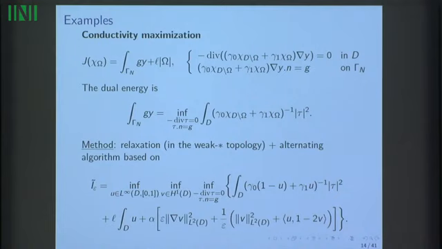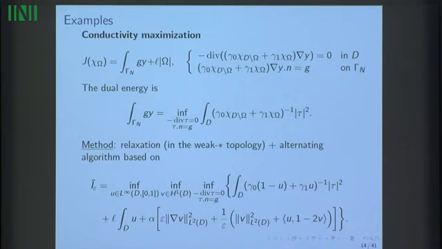So I put everything there: the approximate perimeter here, the conductivity here, and the volume term here. And so you have three minimizations, and you can alternate.